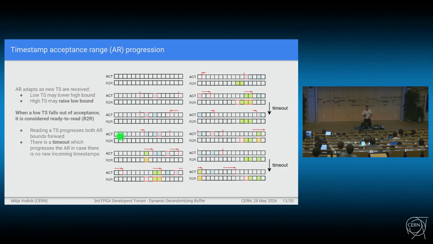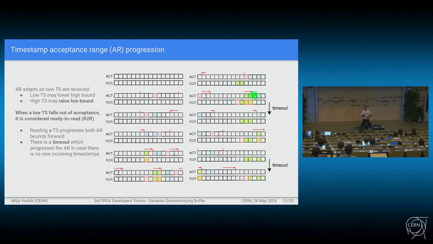At some point, we receive a timestamp that moves the acceptance range and leaves an already active timestamp outside of it. Now we can consider this one to be finished. We don't expect any more data for it, so we can signal to the read side to start reading all the data from this timestamp. And so this is how the range progresses.